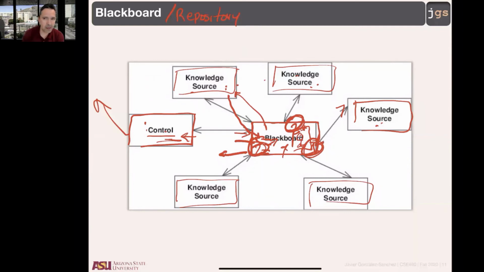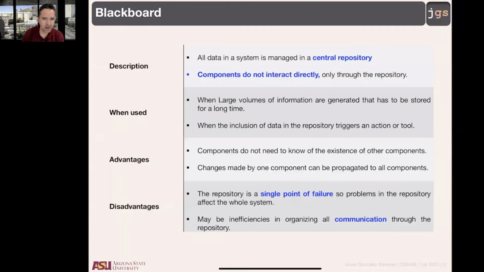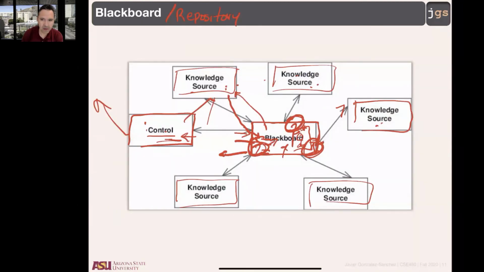Let's think about the good and the bad things. A good thing is that it is a very nice way to have a central point of control to do collaboration without connecting this one with all these classes. Because you can imagine the class diagram.